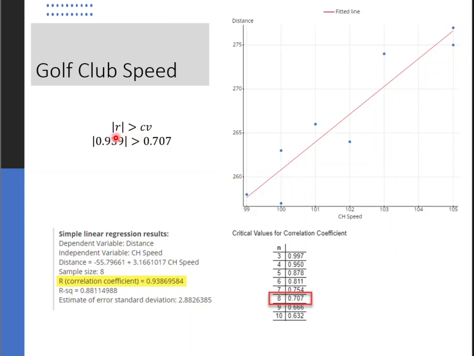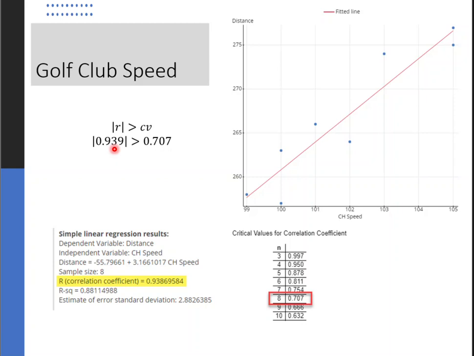Well, we need to understand this relationship right here. The absolute value of R needs to be greater than the critical value in order for us to conclude a linear relationship. So the absolute value of R is greater than the critical value means there is a linear relationship. We remember that our correlation coefficient of 0.939, the absolute value would of course always mean that it's going to be some positive value.